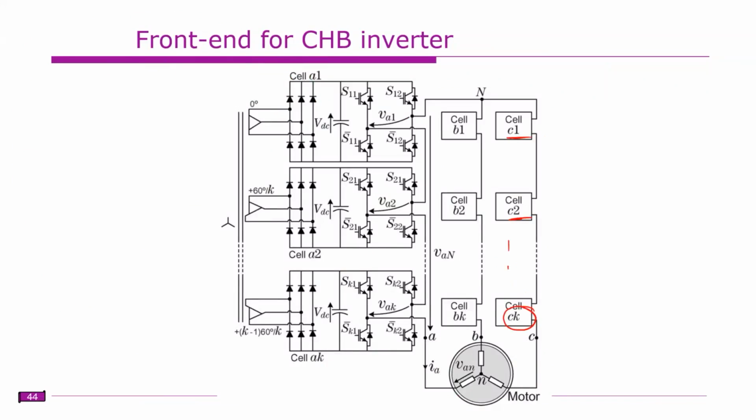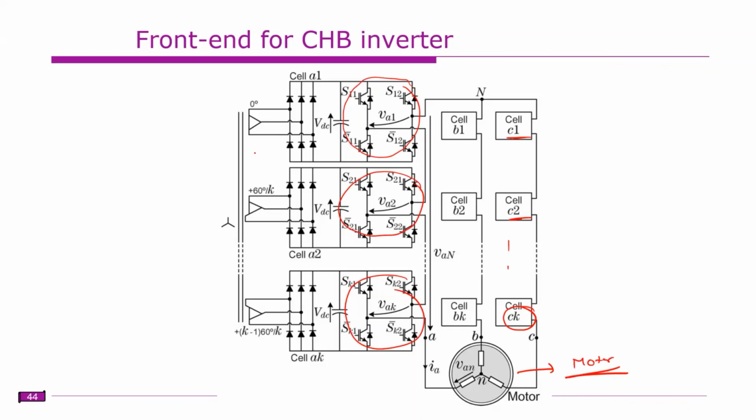This is for a motor. So this is the front end, and this is each cell. Each cell has one H bridge, another H bridge and another H bridge, as you can see here. Each cell requires an isolated supply.